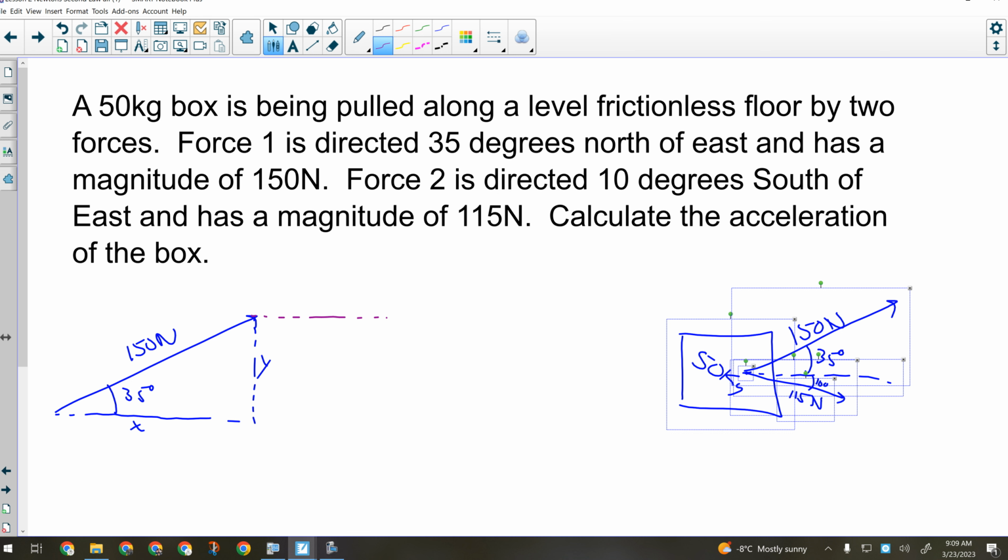I'm going to go 10 degrees south of east. That'll be Y, that'll be X, that's 115 newtons. And then my resultant is going to go like that. So that'll be theta. My resultant will be the net force because it is the vector sum of the two forces I'm working with. This will be X and this will be Y.